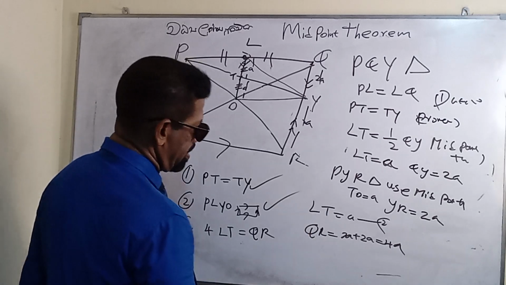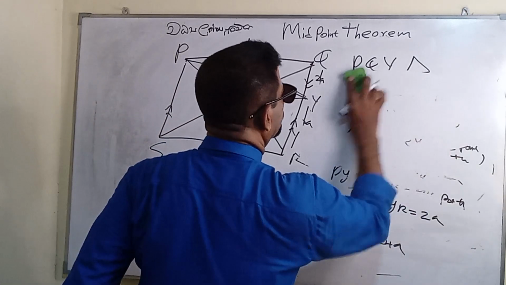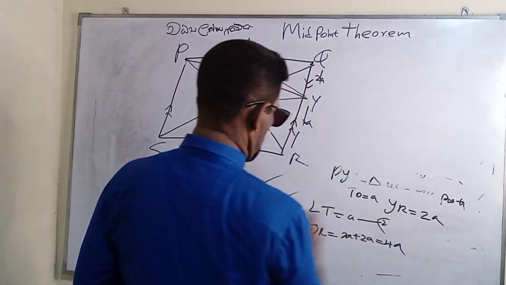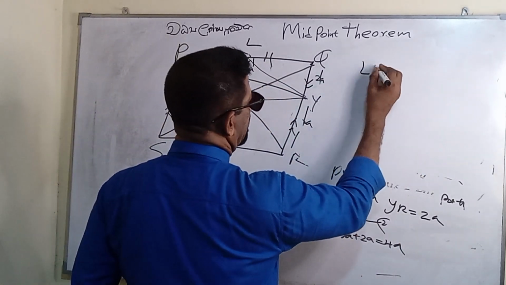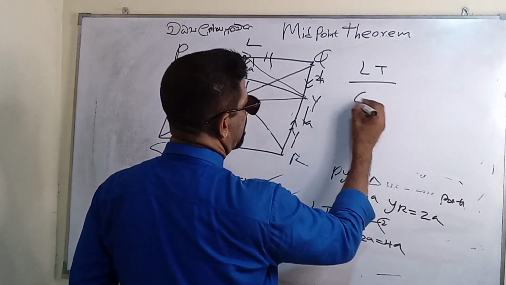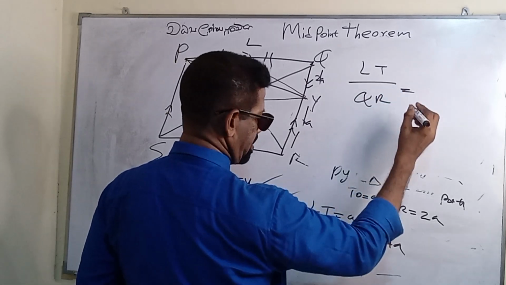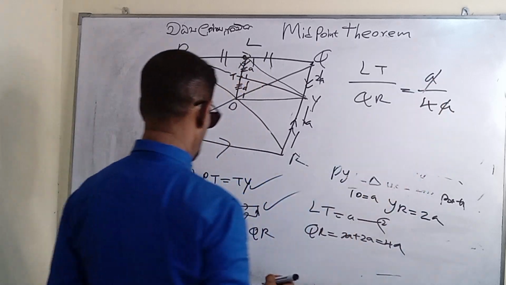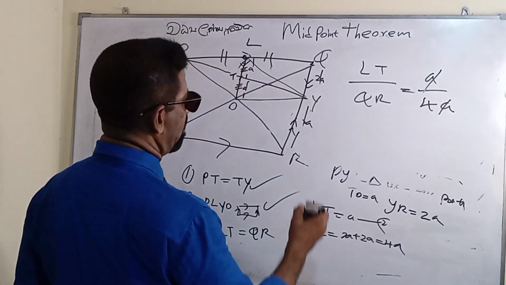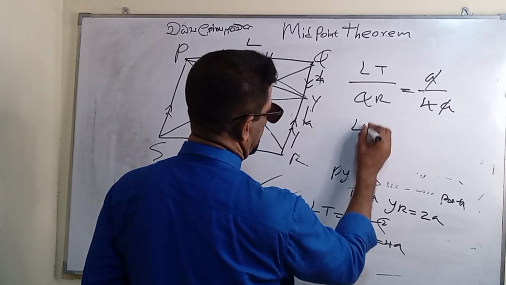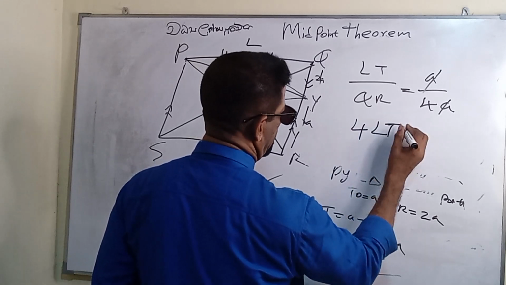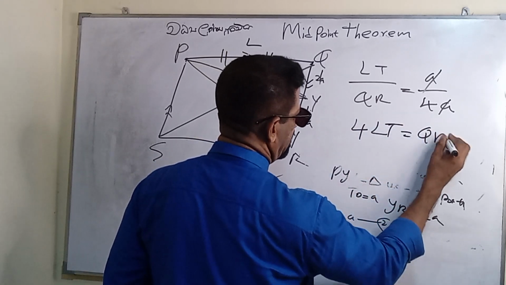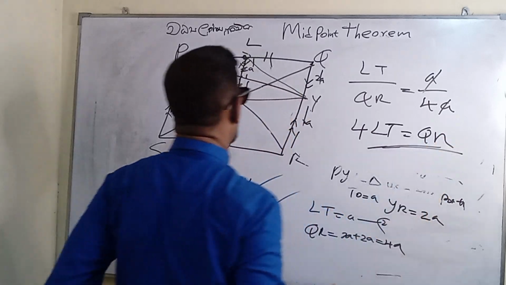So dividing, LT over QR equals A over 4A. That cancels, so 4 LT equals QR. Now this is a complete sum.